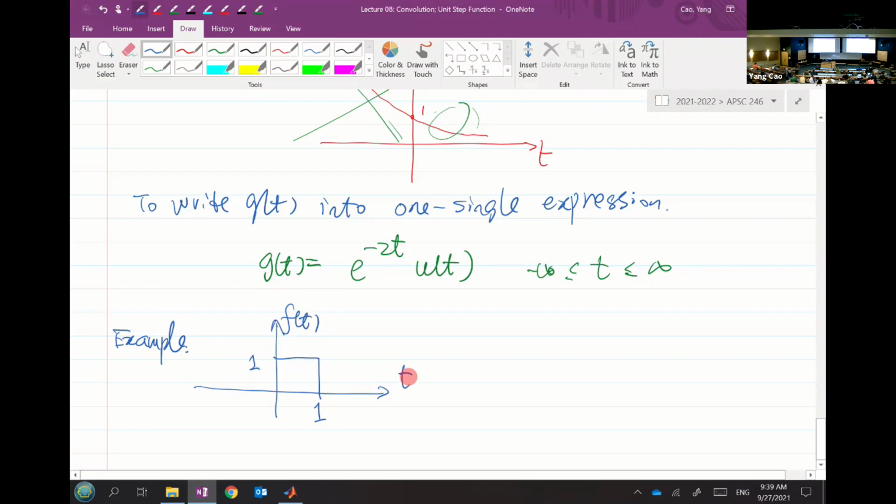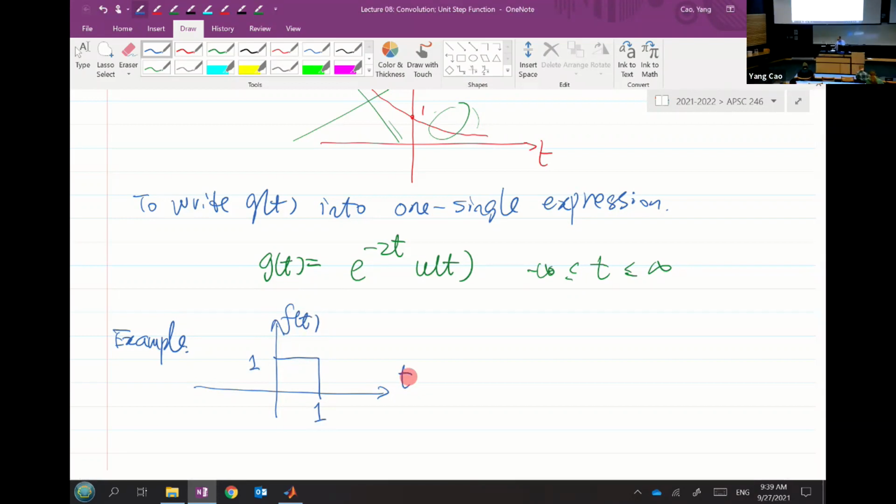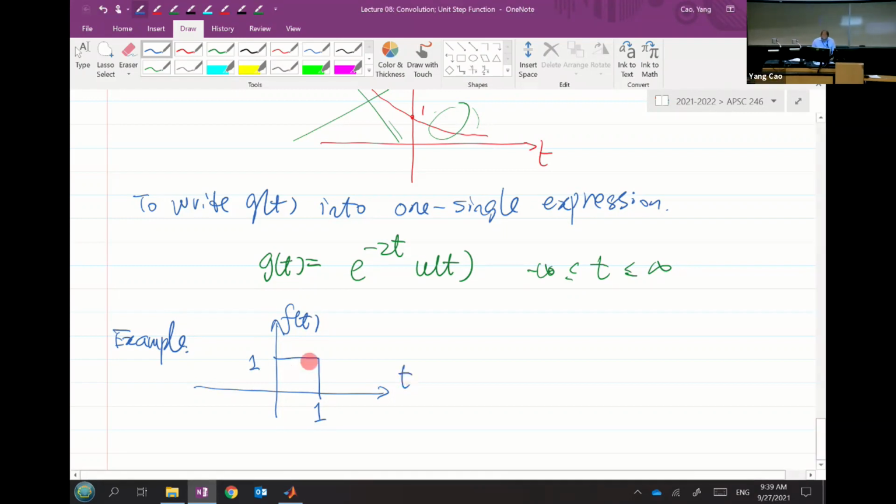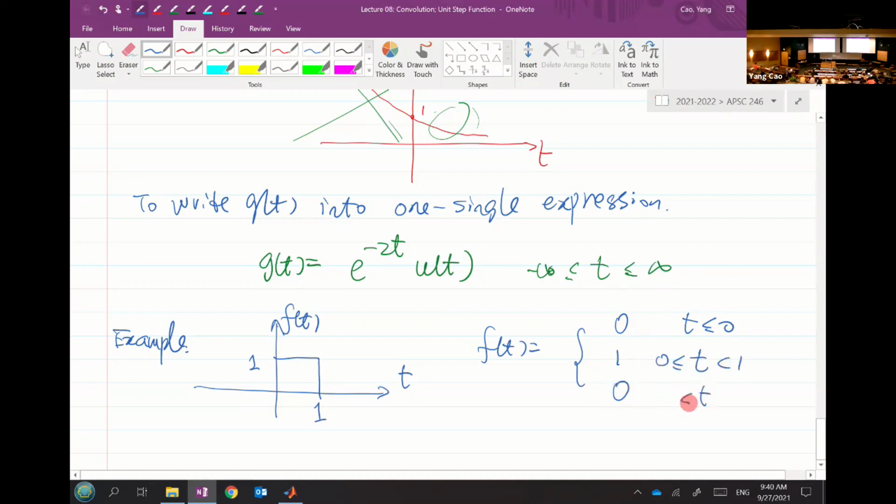Let's say this is another function f of t, the function that we just used when we did the convolution. This convolution, we called it the g of t box, but now I call it f of t. Same thing, if you write this box piecewise, you have to write 0 when t is less than 0, then 1 when t is between 0 and 1, and then 0 again when t is greater than 1.